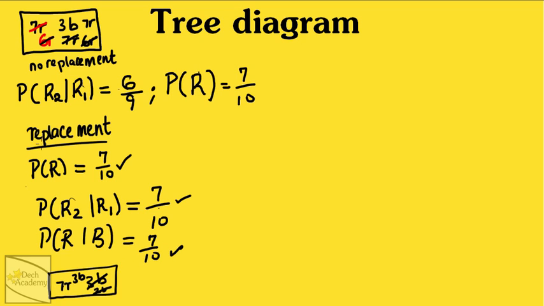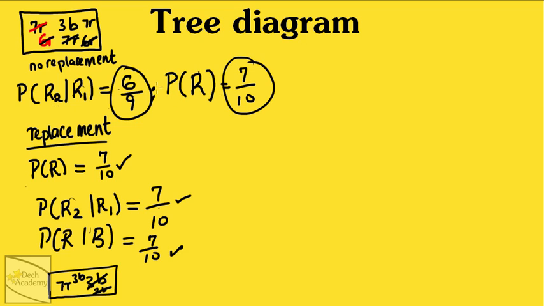So as you can see, when there's replacement, conditional probabilities don't really have a major effect, but it's good for you to be aware of how the occurrence of an event can affect the probability of another event. Like in this case here, because there's no replacement, the probability of picking a red ball changes. It actually depends on whether a red ball has been chosen the first time or not.